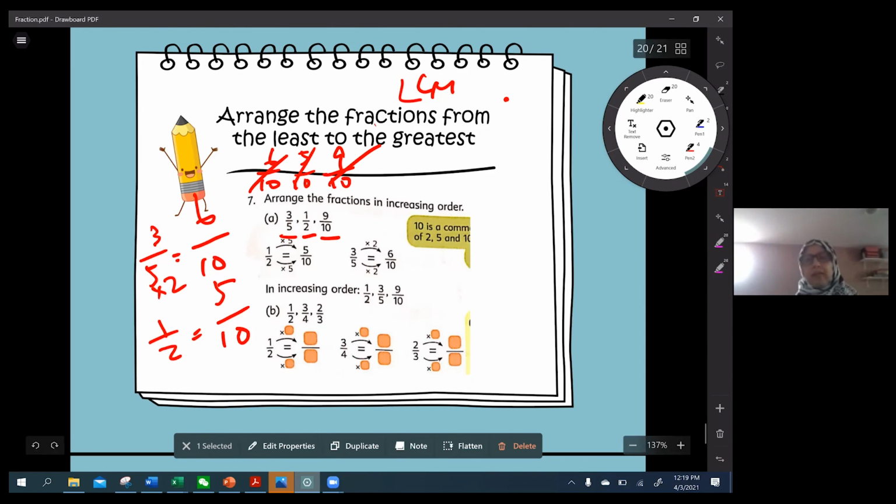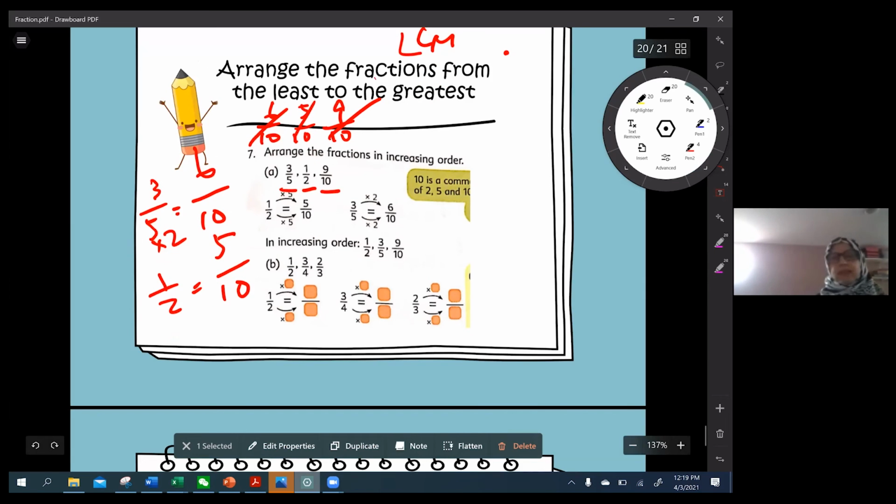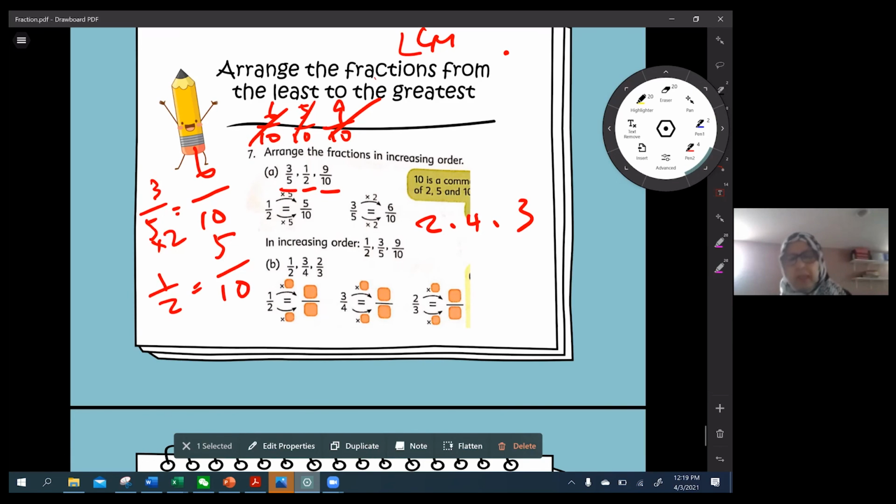Next one, let's look at the next one. What's the lowest common multiple for 2, 4, and 3? Let's find the lowest common multiple first. Glenna, can you tell me one of the strategies to find the lowest common multiple?